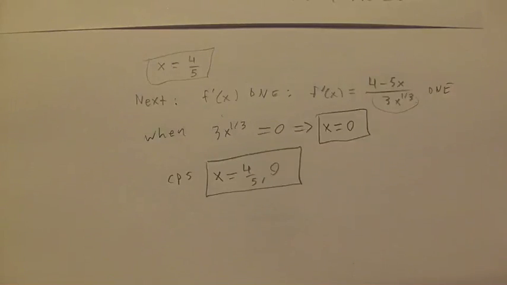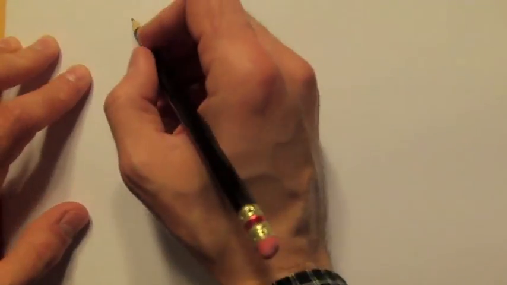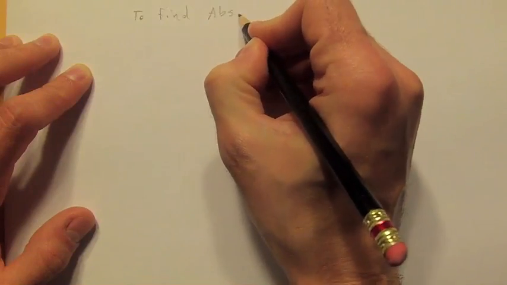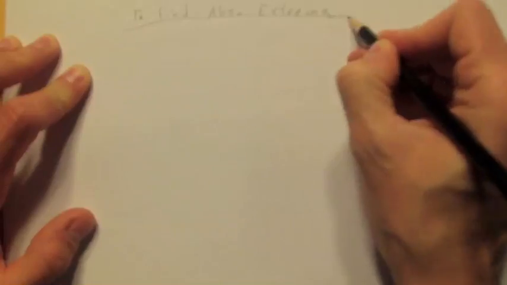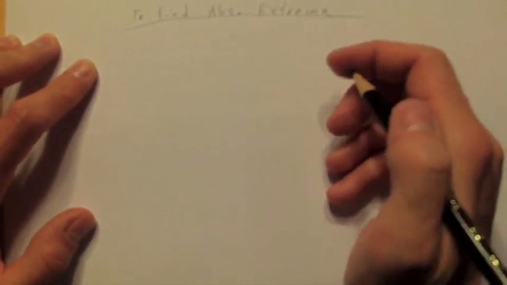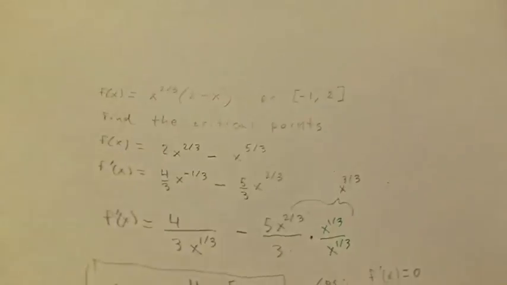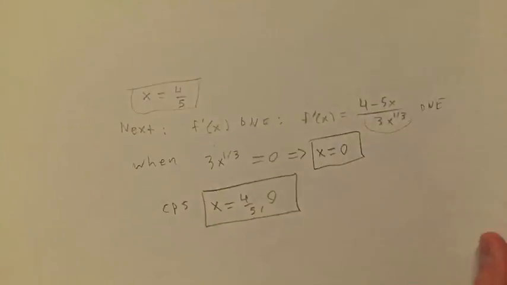Okay? So, moving on, now remember we are only trying to find the absolute maxes and mins. So to find the absolute extrema, now we just start plugging these values in. So we have the endpoints. If you remember what the endpoints were, going back to the original, are -1 and 2, and then our critical points are 4/5 and 0.